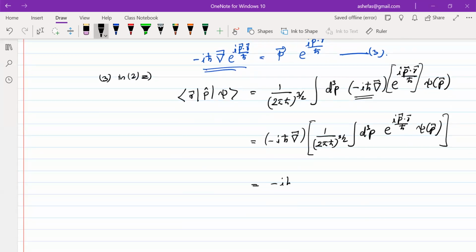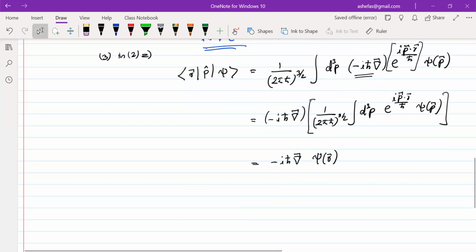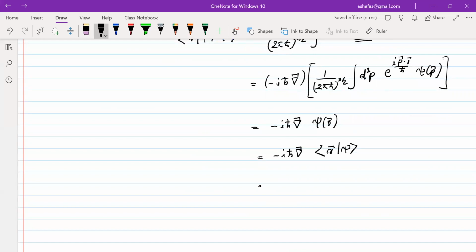So this can be written as minus iℏ del ψ of r. So this is according to the Fourier transform. This is nothing but the Fourier transformation of ψ of p, that would give ψ of r. Or it is minus iℏ del times the inner product ⟨r|ψ⟩, or this can also be written as the inner product ⟨r| minus iℏ del acts on ψ⟩.